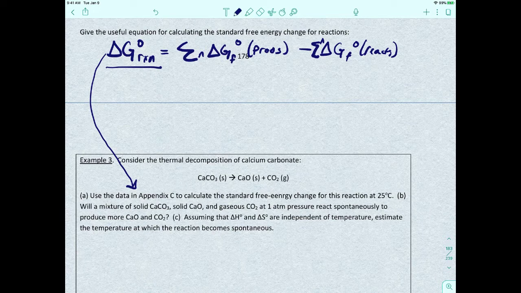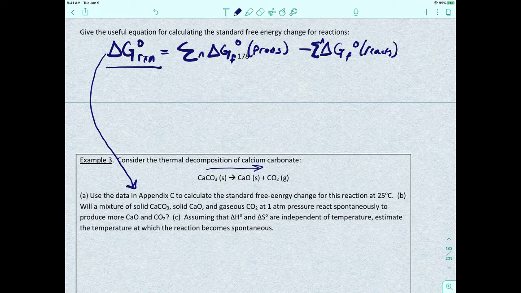Part B, will a mixture of solid calcium carbonate, solid calcium oxide, and gaseous CO2 at 1 atmosphere pressure react spontaneously to produce more calcium oxide and carbon dioxide? Okay, so we got to figure out, if we have a mixture of these three, will they react to produce more product?